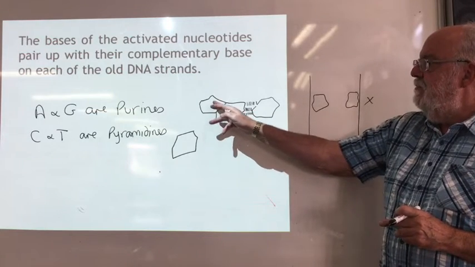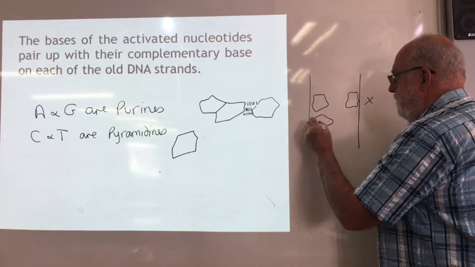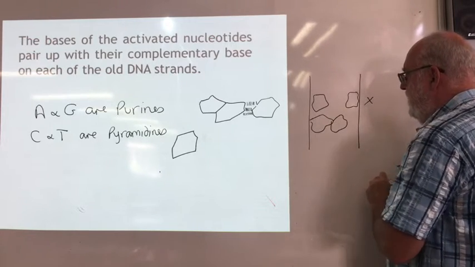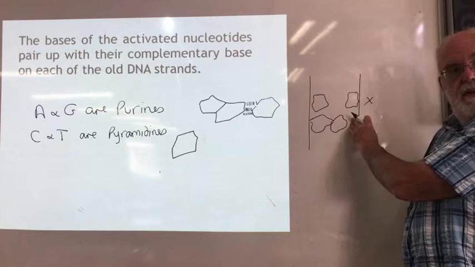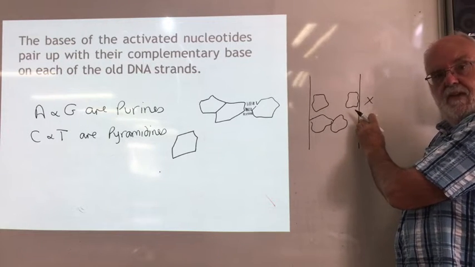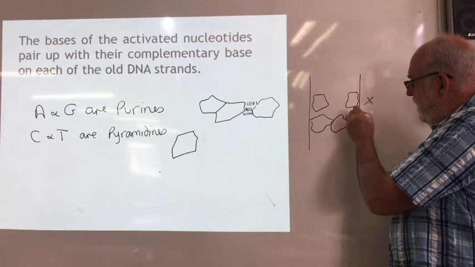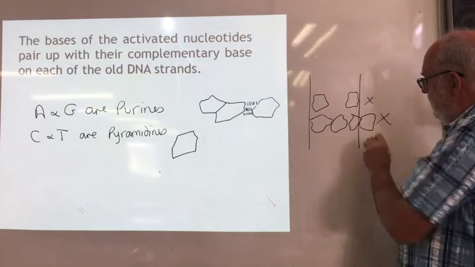Let's try putting purines together. There's one purine. How are you going to fit another purine in that space? The molecules are simply too big to go into the spaces. So that's not going to work either. There's no way that's going to work.